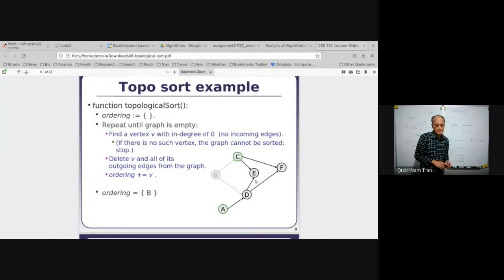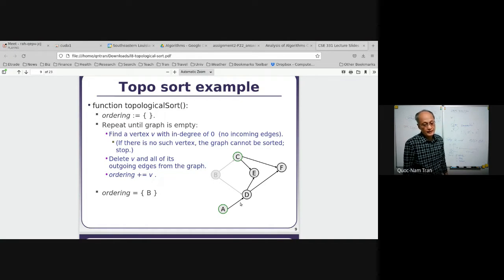So that said, for example, first we list all of the vertices that have 0 incoming edges, and then we add the first one into the list. For example, in this case, we have B, right?